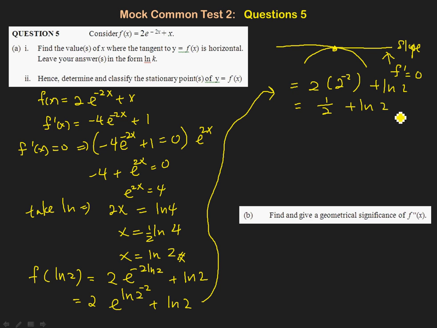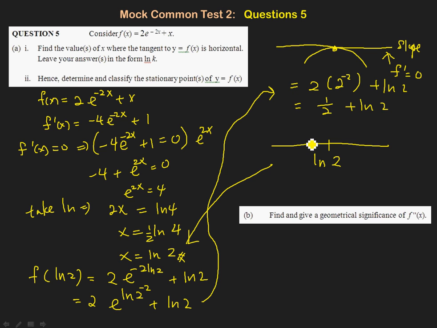Now we need to classify the stationary point. We determine whether it's a maximum, a minimum, or it could be an inflection. So let's do the sign diagram for this. For ln 2, right, where is it here? And the sign diagram, I will not repeat again.